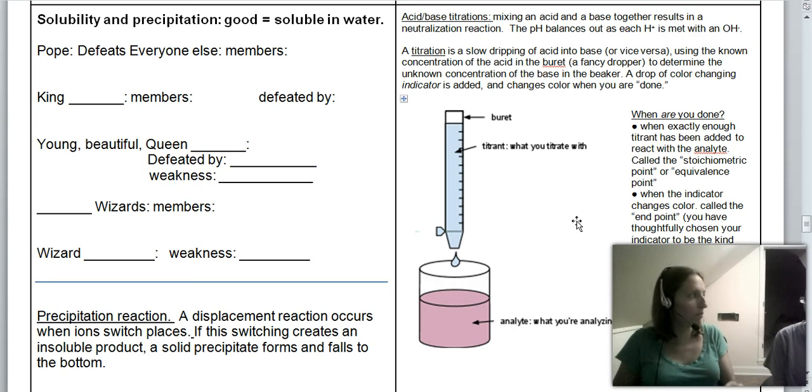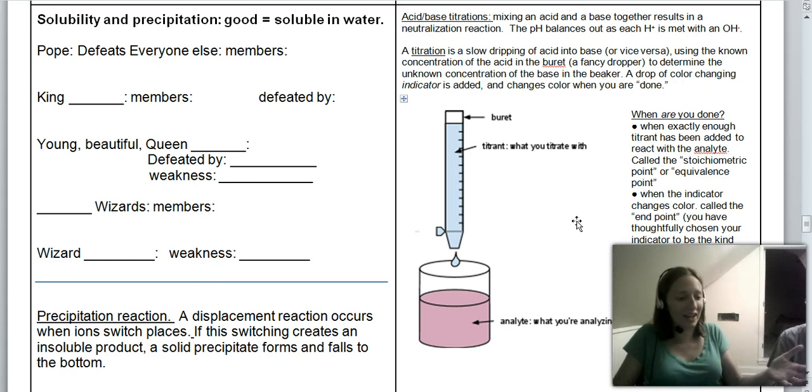The point at which you should end. And because you are the person who is choosing what indicator to put in, you can screw that up. So if the amounts are equal at pH 7 and you put an indicator in that turns blue at pH 5, you're going to go drip, drip, drip.